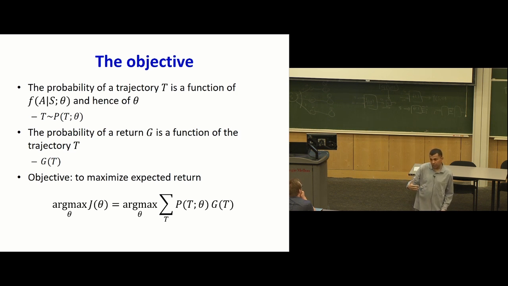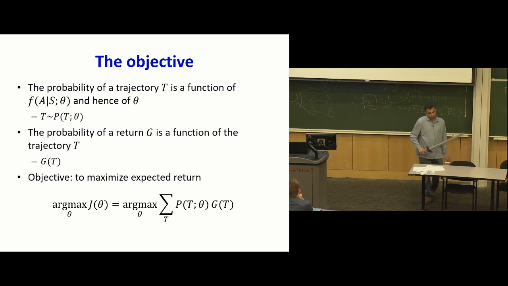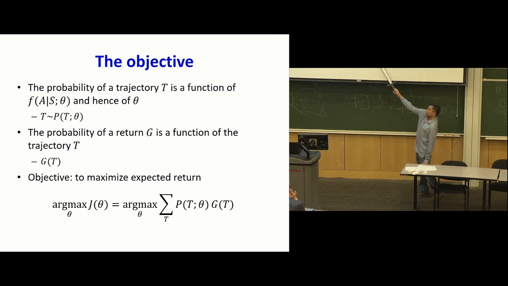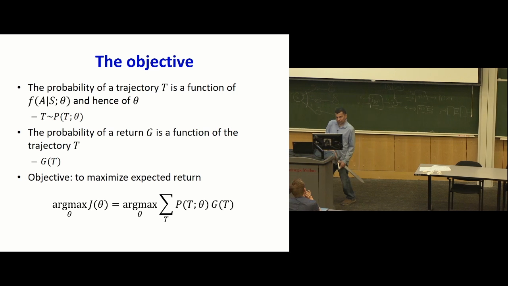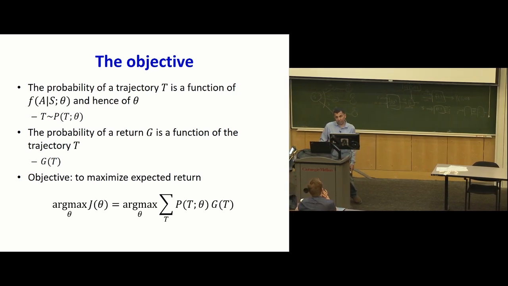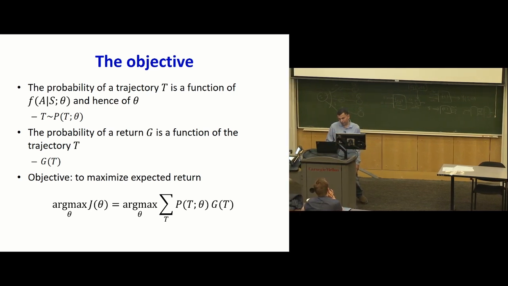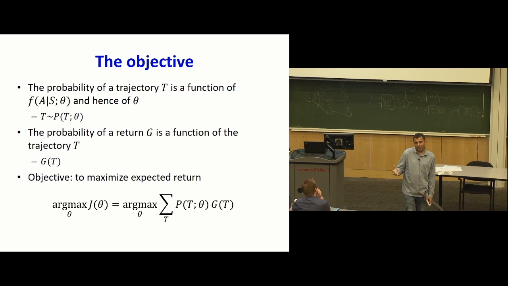So I can define my objective function now, J of theta, which is a function of my parameter theta, which is the expected return over all trajectories, where the probability of any trajectory is a function of f, right? So once I have a function of this kind, how do I optimize it with respect to theta? Very simple. I can do gradient ascent.